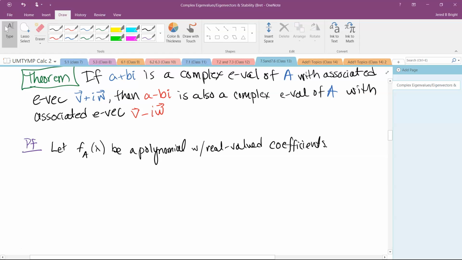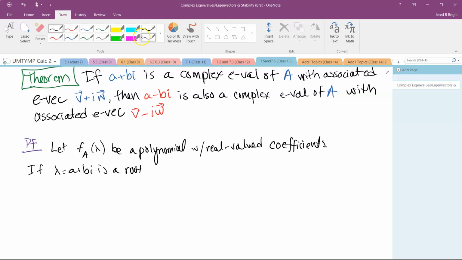And so again, this is really the characteristic polynomial of matrix A. Then from here, what we want to say is if lambda equals a plus bi is a root. Okay, and before we can go on any further, we want to just say, why is this true?